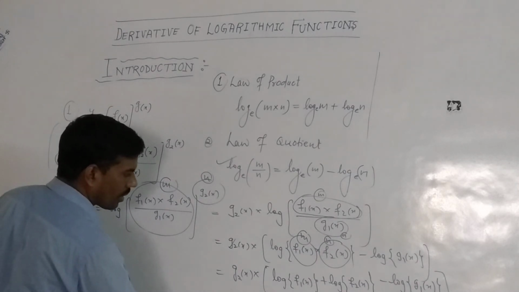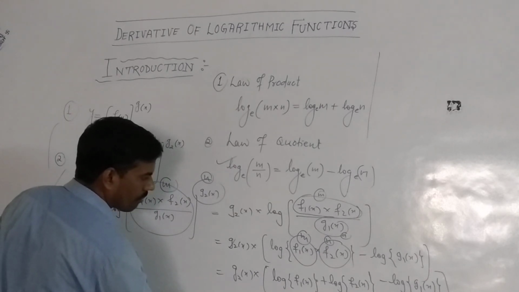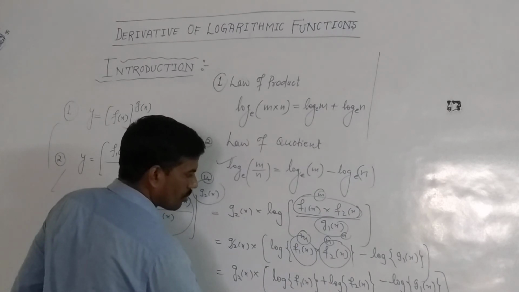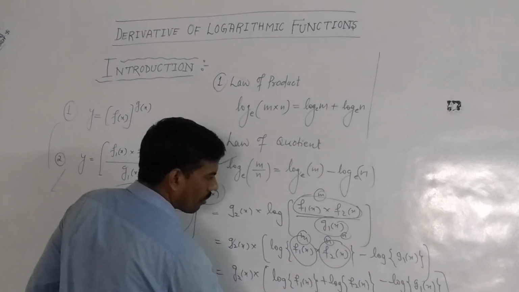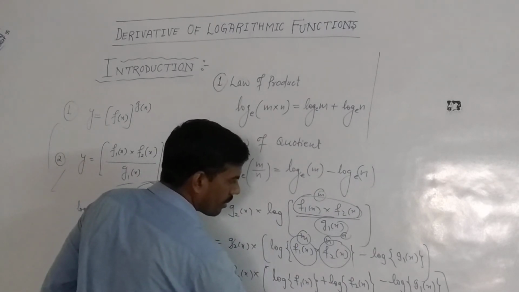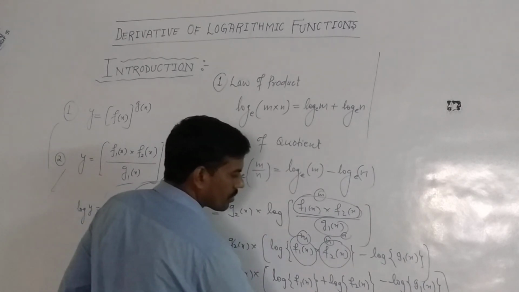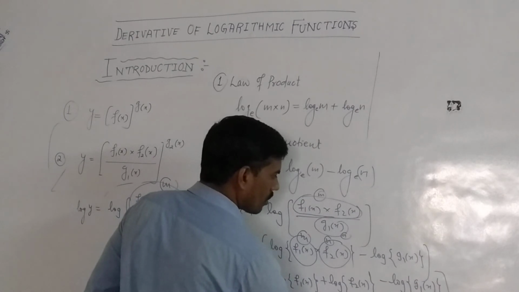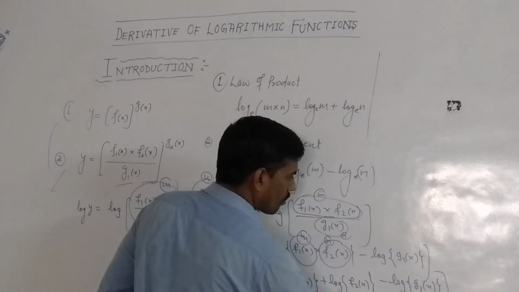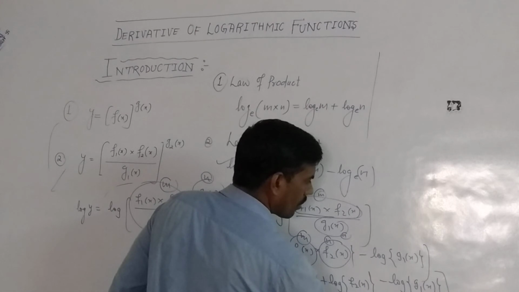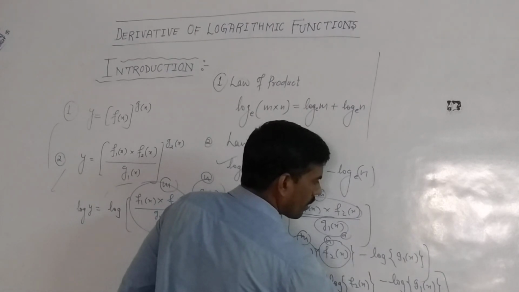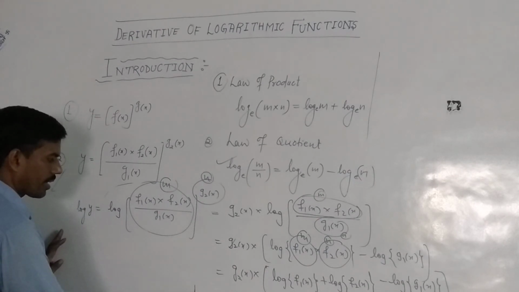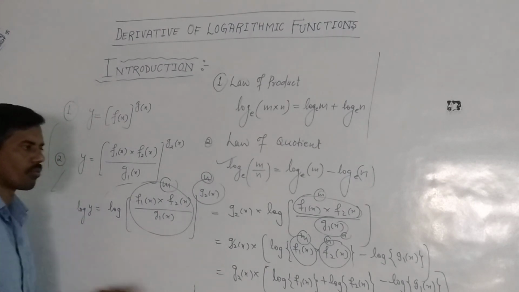This is a bracket, so on opening the whole bracket we get g2x into log of f1x plus g2x into log of f2x minus g2x into log of g1x. Okay, and on the left hand side we have log of y.